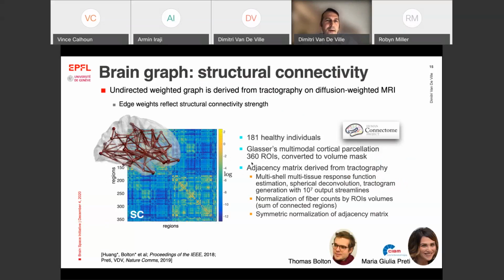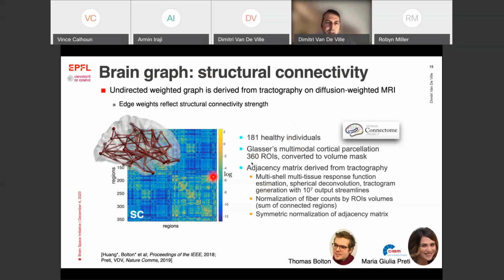And the first thing they did is, of course, defining the brain graph. That is based on structural connectivity, using an established pipeline on the Human Connectome Project data to have a high quality connectome. They actually averaged it across 181 healthy individuals.